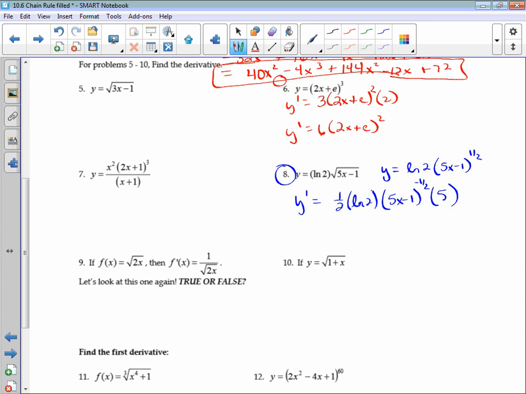And then times the derivative of the inside. So when you simplify, in your numerator is 5 times the natural log of 2. Denominator, 2 and 5x minus 1.